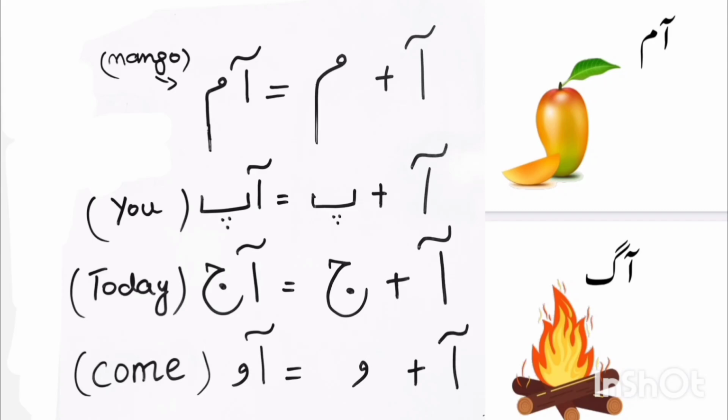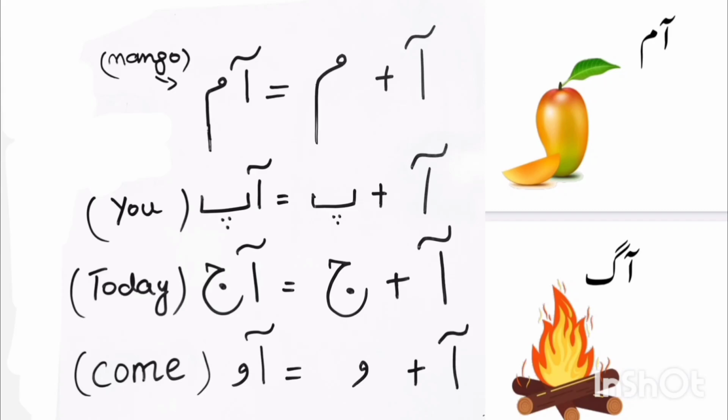So alif madda plus meme is am. As you know, alif madda gives the sound of two a's, so we exaggerate the sound and call it am, which is mango in Urdu.